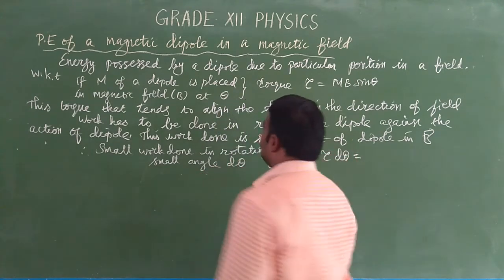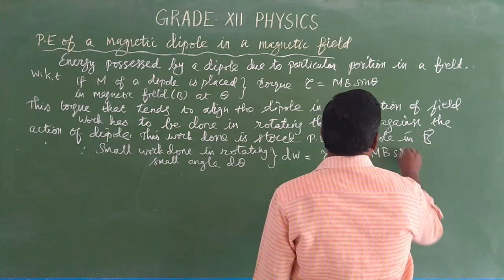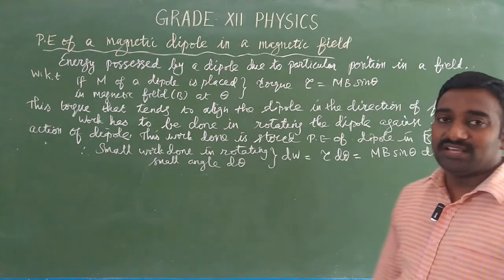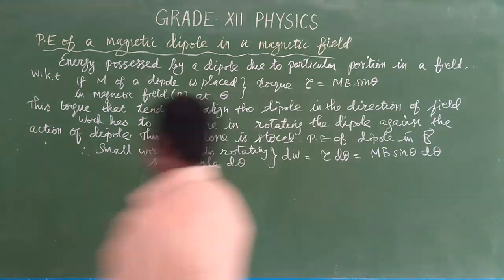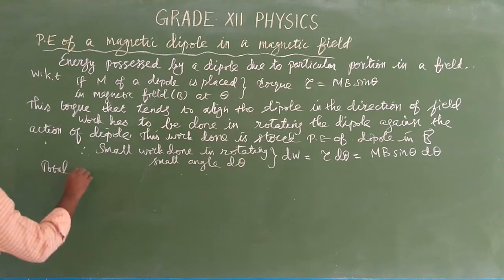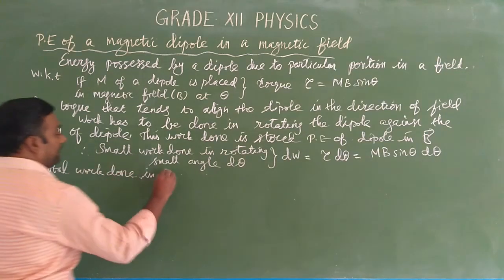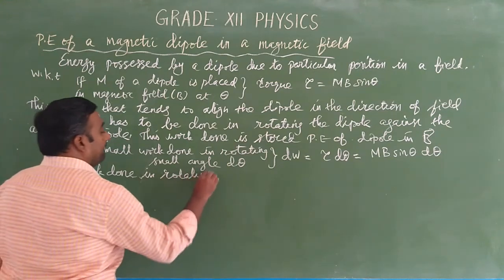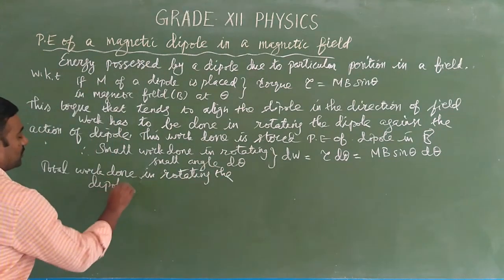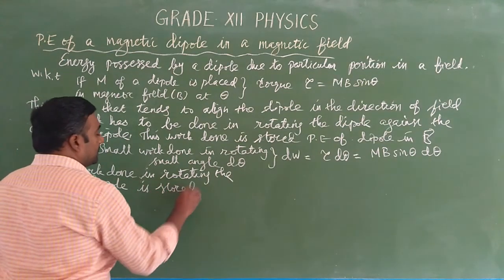Already we know the value of the torque, which is MB sin theta, so dW is MB sin theta into d theta. Therefore, the total work done in rotating this dipole is stored as potential energy.